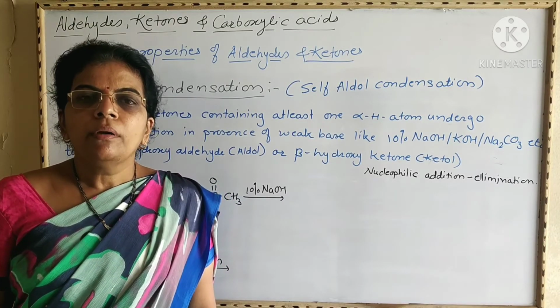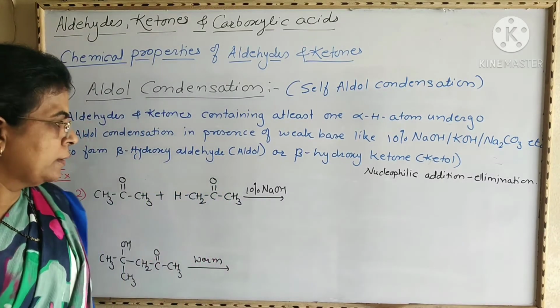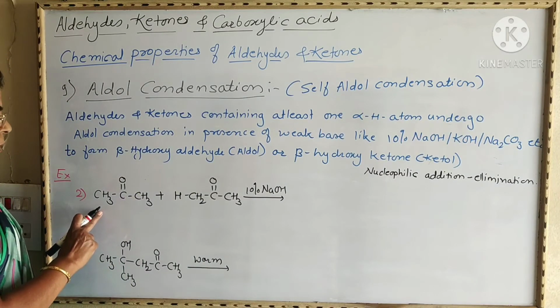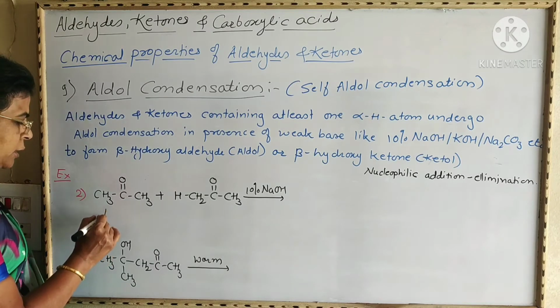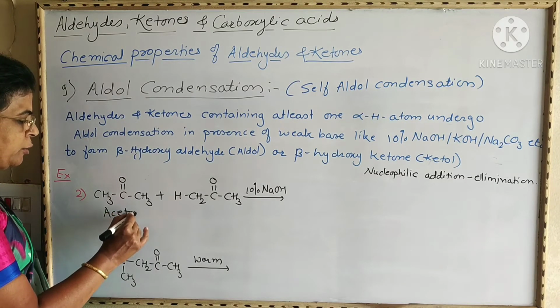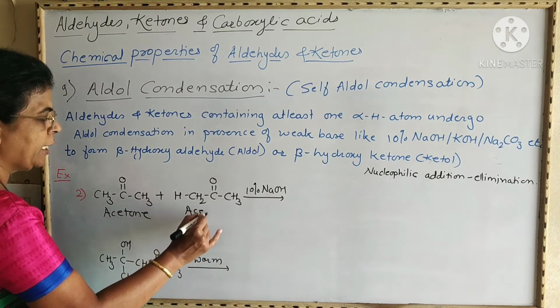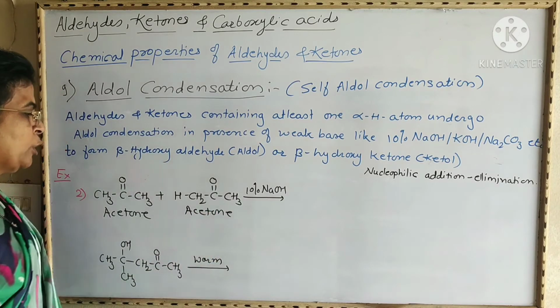Second example, we are going to see the condensation of 2 acetone molecules. This is acetone and this is also acetone, the first and second acetone molecule, that is 2 molecules of acetone.